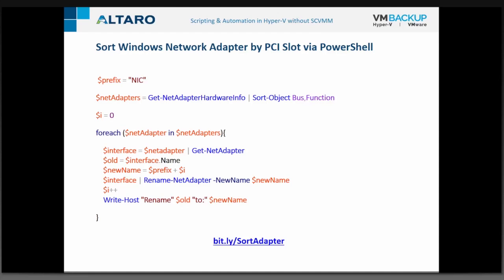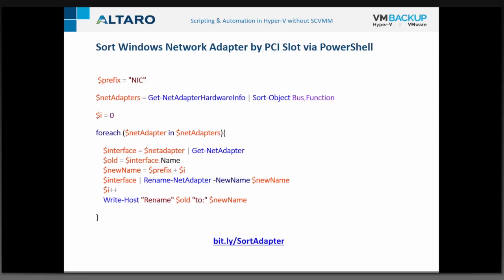But what else would you do? People go to the data center, plug the network adapter in and out so they can see which one it is and can name it, right? I think a lot of people, including me, have already done that. But you can also sort them by using the bus ID and the function ID. So then you always have the same order on that physical host.